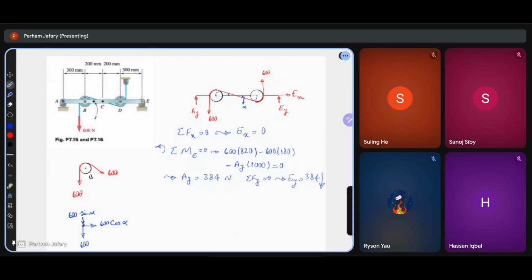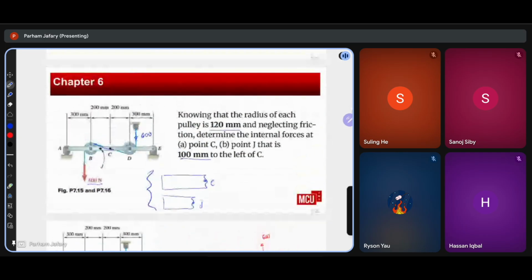So over 180, 600. So it's 1200, the diameter of pulley, and you gotta subtract it from the distance from the center of pulley to the end point of E, right?